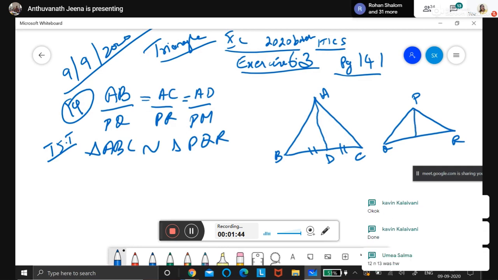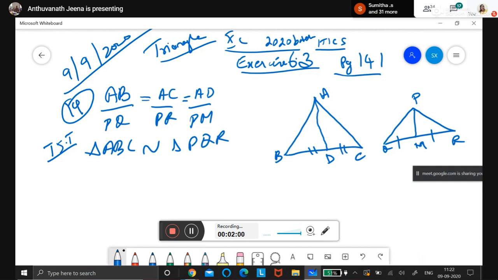Suppose I draw PM, it is a median of this triangle, so QM is equal to MR. Median means a line drawn from a vertex of a triangle divides the side exactly into two parts. Remember that. Now go to the question.